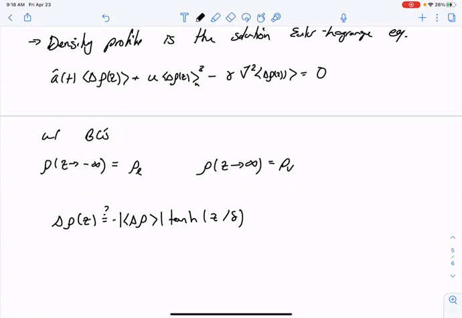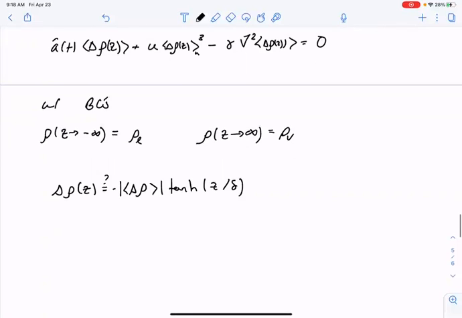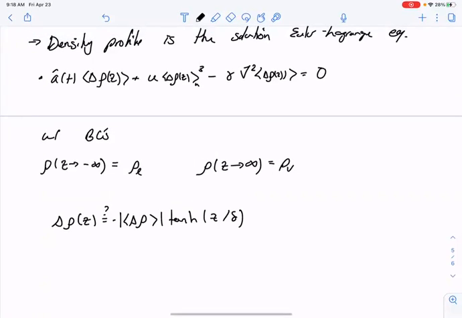So it will asymptote to the right value. It's consistent with our boundary conditions. But is it consistent with this equation here?